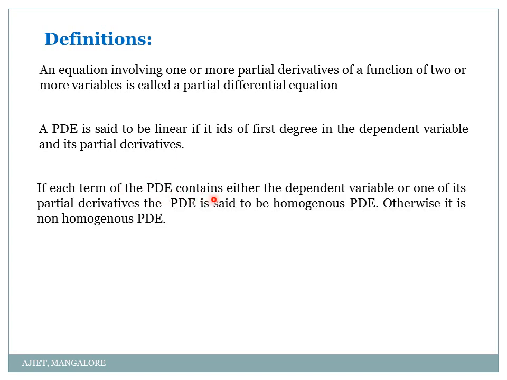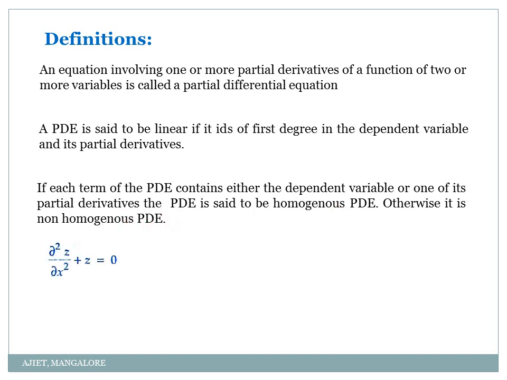If each term of a partial differential equation contains either the dependent variable or one or more partial derivatives, it is said to be a homogeneous PDE. See, I was telling about this, correct? You should know what is homogeneous. So what does it tell? If each term of the PDE contains either the dependent variable or one of its partial derivatives, then it is said to be homogeneous. Otherwise it is called non-homogeneous.